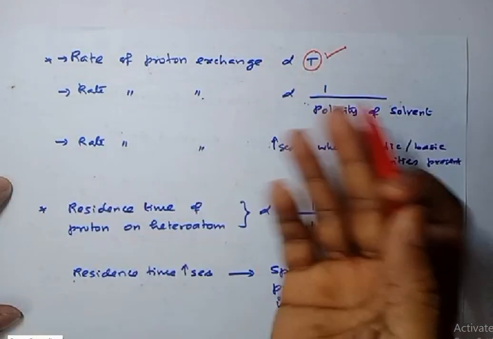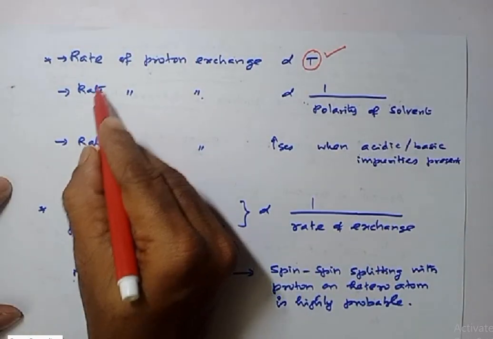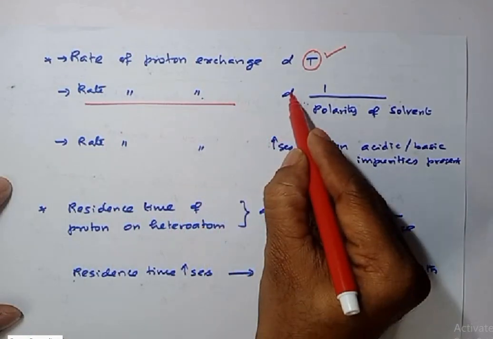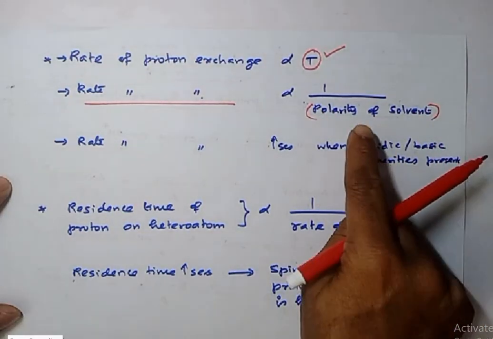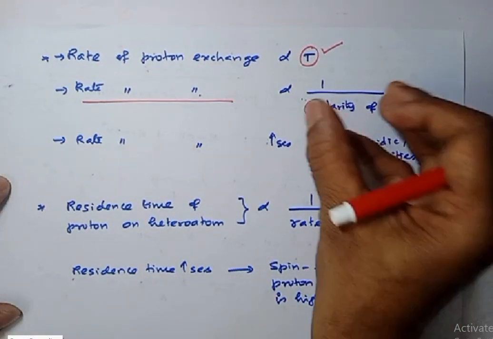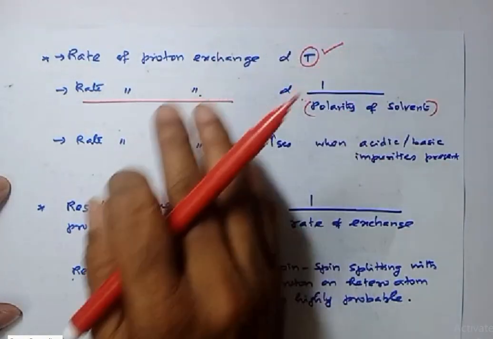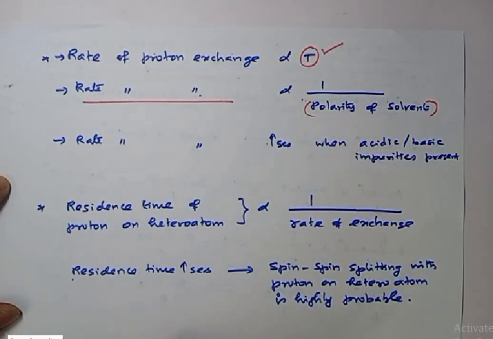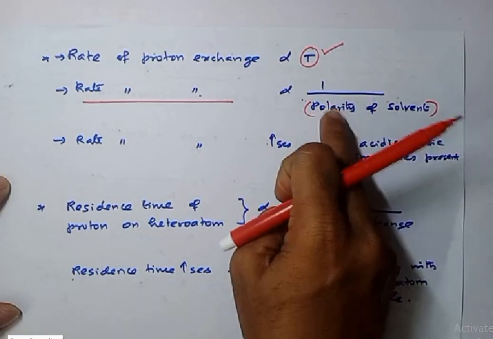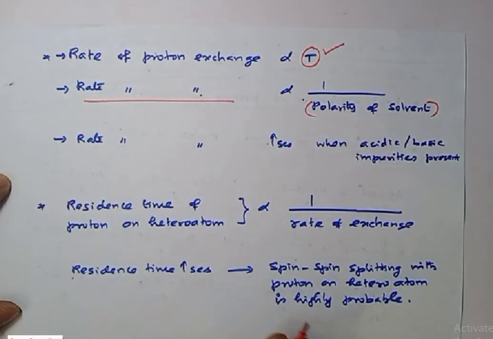If the temperature increases, the rate of exchange also will increase. Then, the rate of exchange of proton is inversely proportional to the polarity of the solvent. In a highly polar solvent, the rate of exchange becomes less, or the exchange becomes slow. If the polarity of the solvent is less, then the rate of exchange is fast. Keep that in mind.